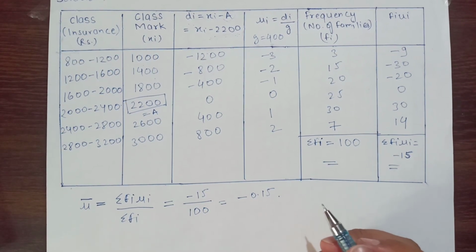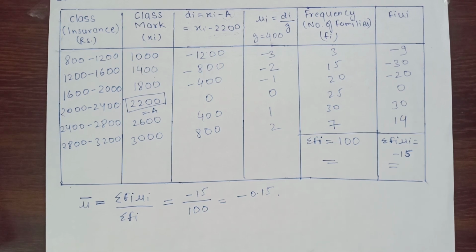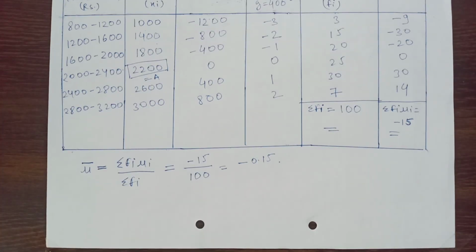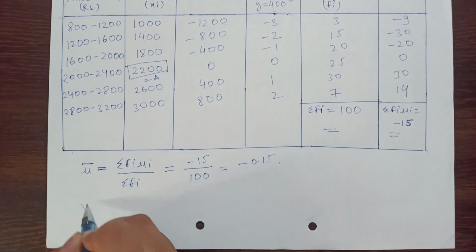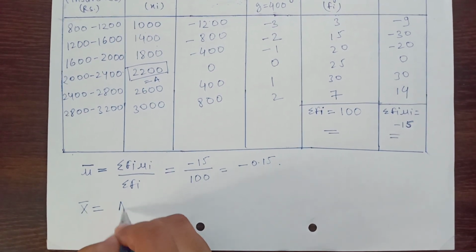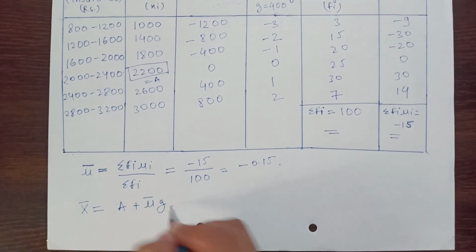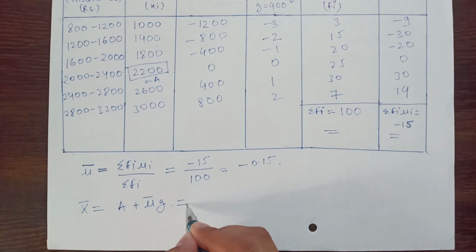After that we need to find the final mean using the step deviation method. For finding the final mean, we need to write the formula of the step deviation method. The formula is x bar, that is mean, equals a plus u bar into G. So we need to simply put the values.